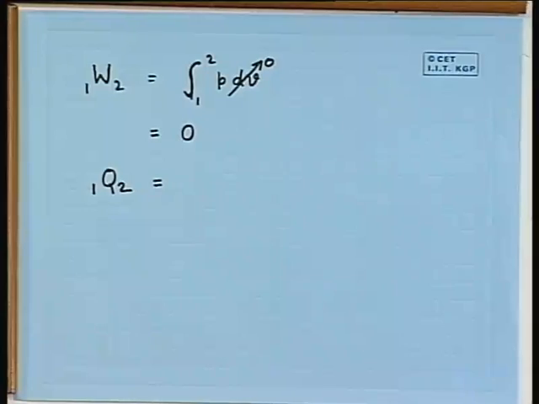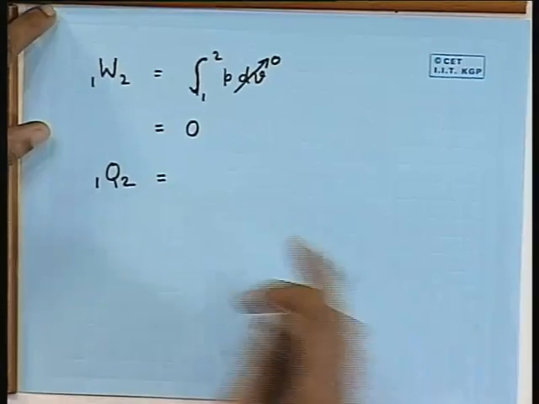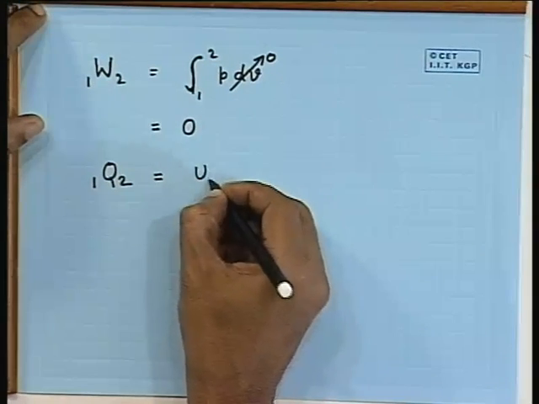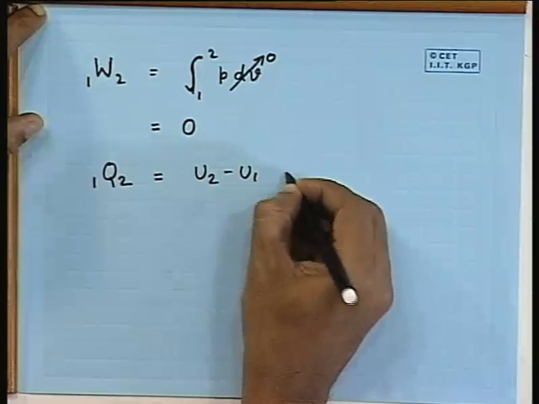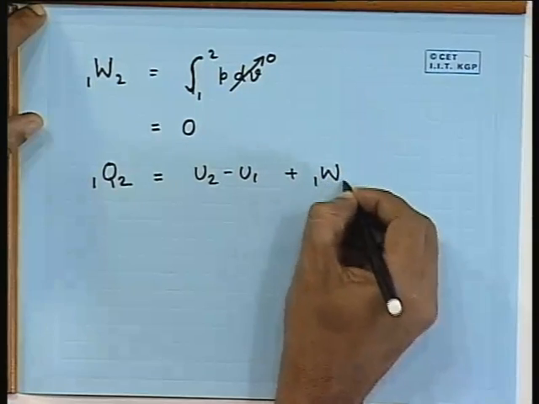Then what is Q1 to 2? What is the heat transfer during this process? Of course, we can apply the first law of thermodynamics: Q1 to 2 is equal to U2 minus U1 plus W1 to 2.